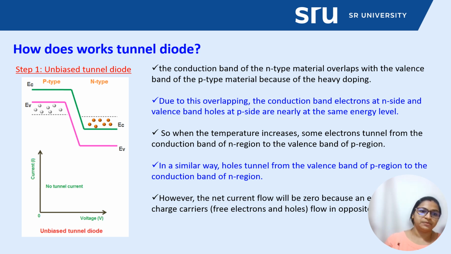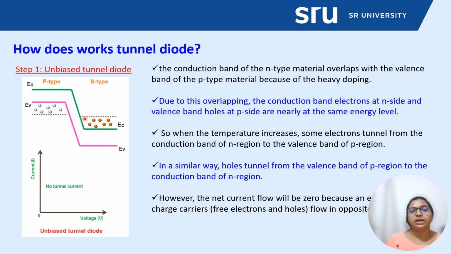So you can see that this is a line. Because of this overlapping, the conduction band electrons at the N side and valence band holes at the P side are nearly at the same energy level.